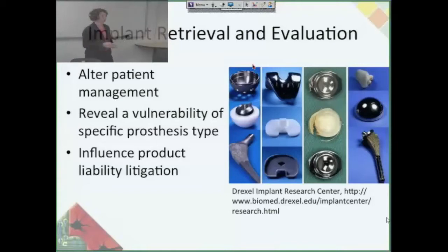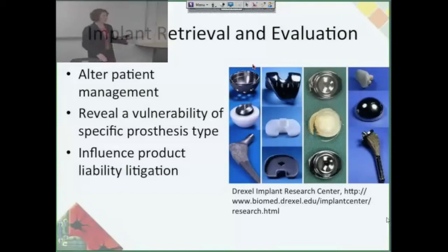What you're looking for is, was there a specific vulnerability in the prosthesis that's common among all the similar prostheses in a similar group? Or was there something specific to the patient population? So you basically want to get a lot of data and try to find patterns to see what made that prosthesis fail, and is it something you can use to redesign the next iteration.